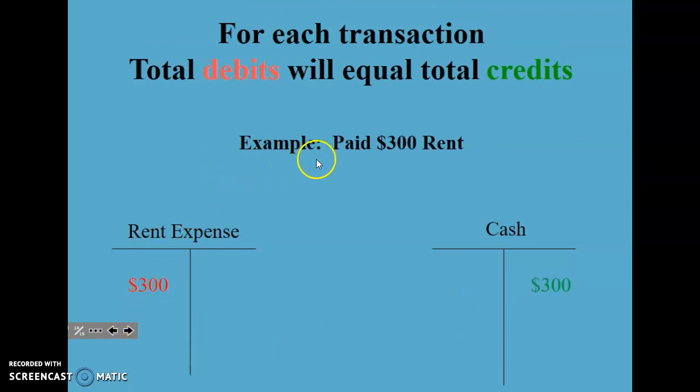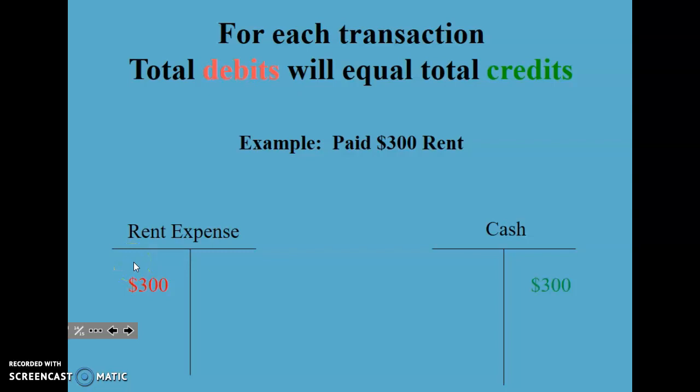And here's another example for an expense account. Paid $300 rent. And we know by reading the clues of a transaction, if it says paid, it deals with cash. So, rent expense. Rent has a normal debit balance because expense accounts have a normal debit balance.